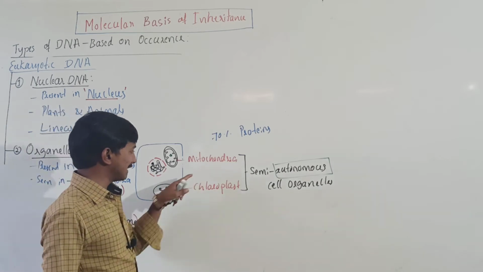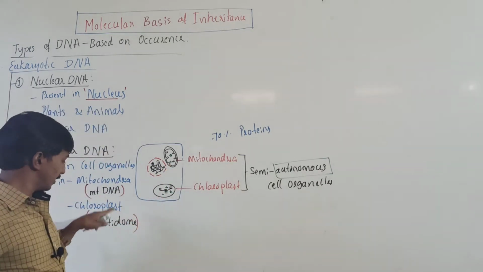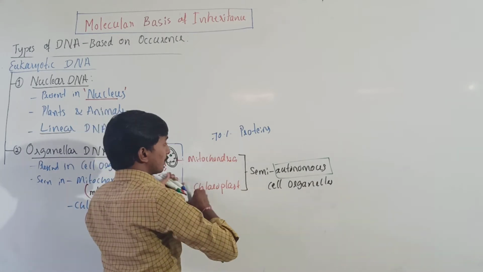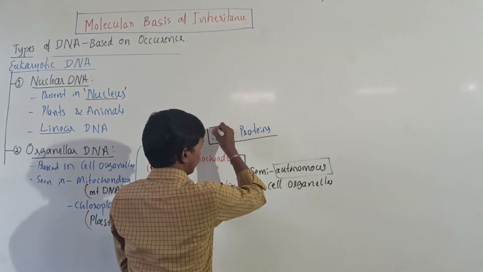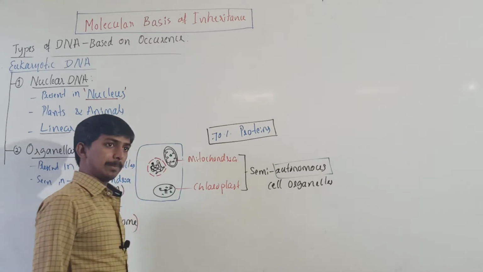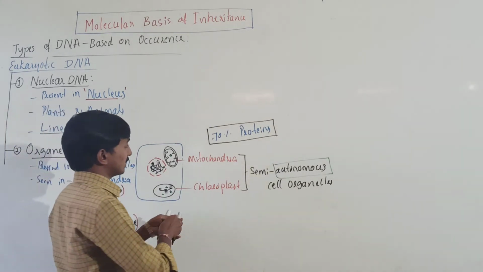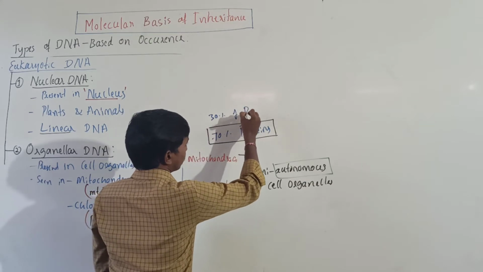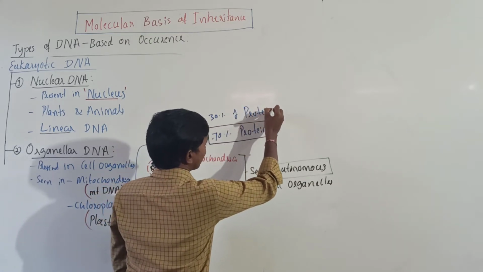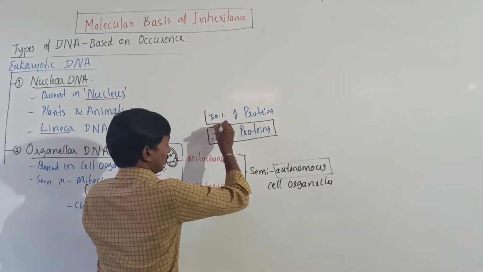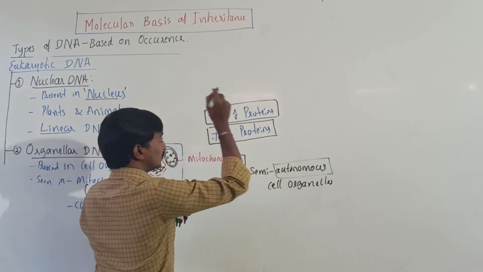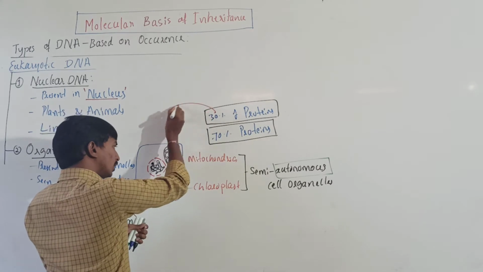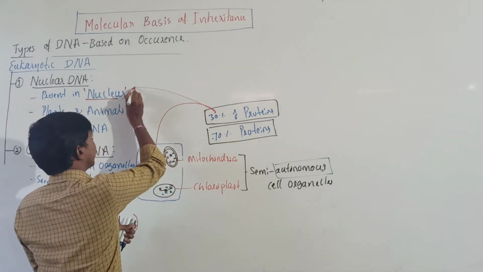With the help of mtDNA and plastidome, the mitochondria and chloroplast can synthesize about 70% of the proteins. The other 30% of the proteins cannot be synthesized by the mitochondria and chloroplast. For this purpose, they depend on the nuclear DNA.